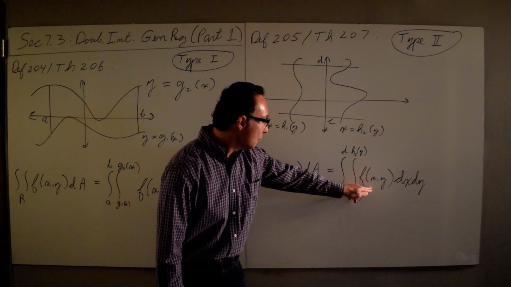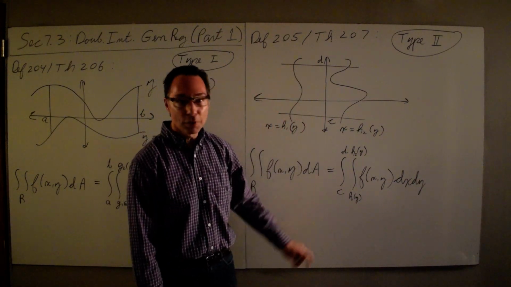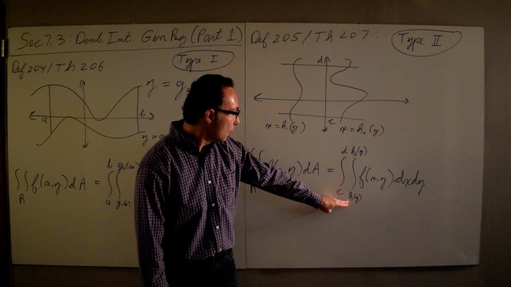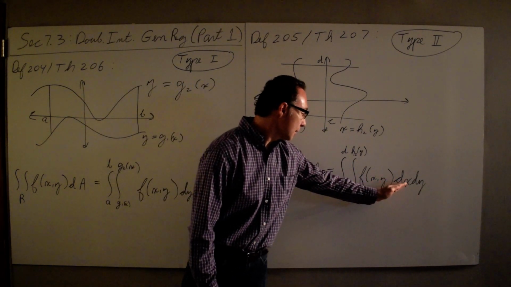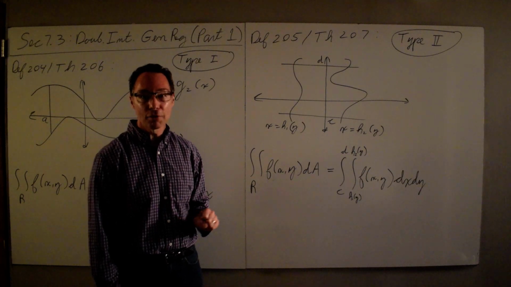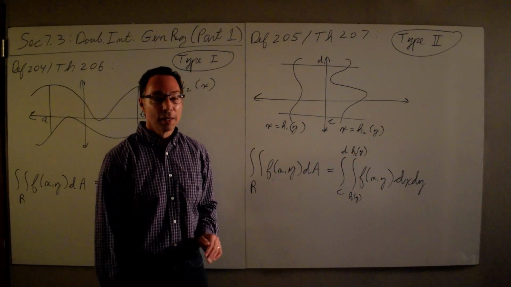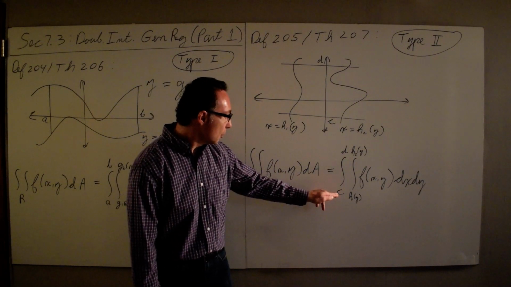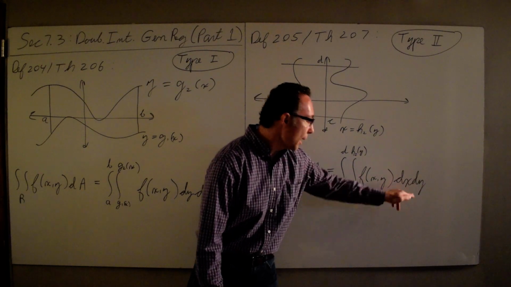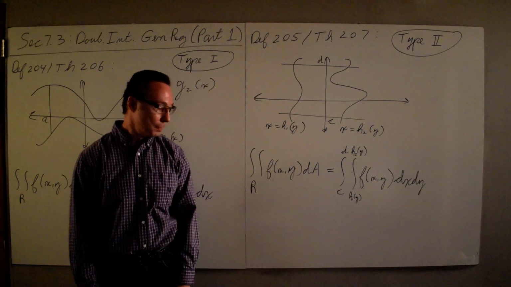So we have f(x,y) dx dy, and then our x limits of integration go from h1 of y to h2 of y. So we integrate with respect to x first, and then after we substitute and subtract, now we have a function of just y. And so we integrate from c to d of our function of y dy. And that's how we integrate over a type 2 region.